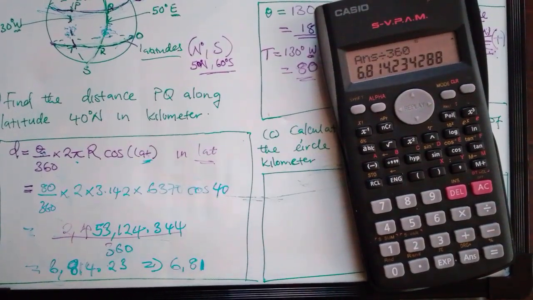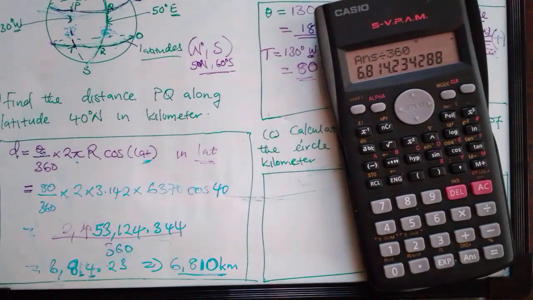Then you look at the next number. Is this number bigger than 5 or is it 5? No, it is less than 5. So if this number is less than 5, meaning nothing will happen to the previous number, you are just going to replace it with 0. Then you say kilometer. So this was our distance in kilometer.